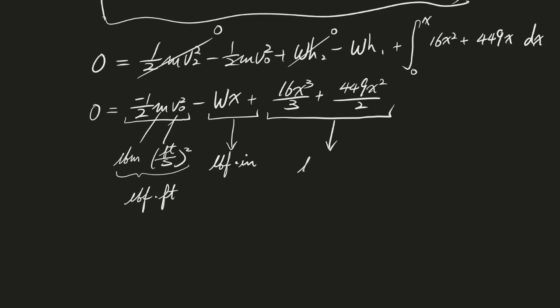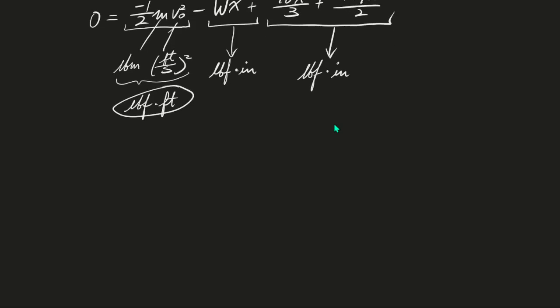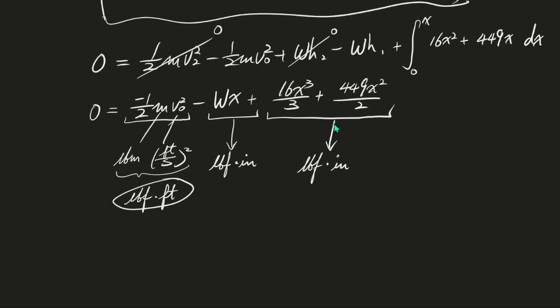And here we have pound force times inches. So I'm left with this one term here that doesn't fit in all together with the rest of the stuff. So I will simply convert that by multiplying by 12 inches per feet, and everything will be good.